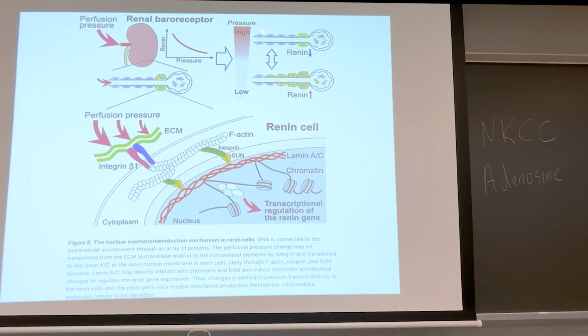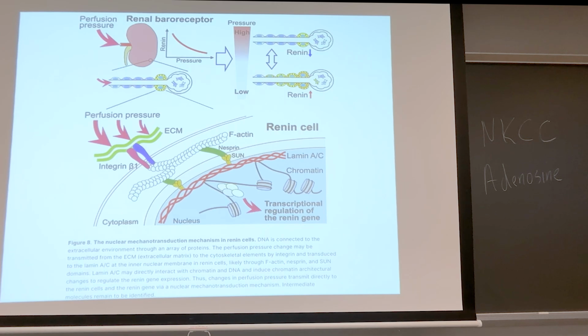So when there's high pressure, it's going to cause the activation of laminin C. So you've got too much pressure coming into the kidney. It reduces renin release, because the renin cells can sense that through this mechanism. If there's too low a pressure, you're not getting enough stretch, that will increase renin release. Isn't that cool? Through this scaffolding of proteins that gives you the ability to sense vibration, basically.